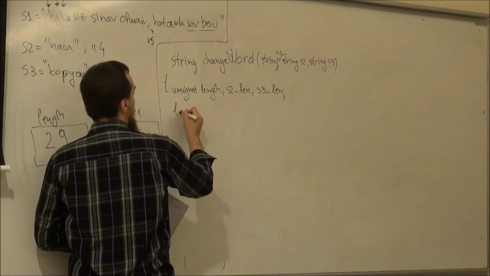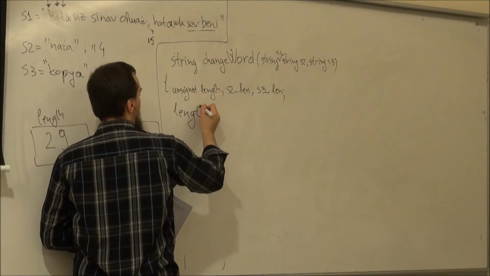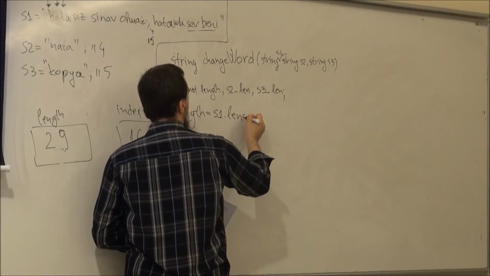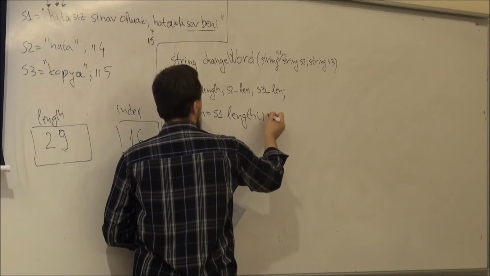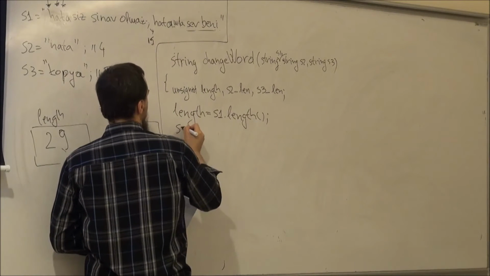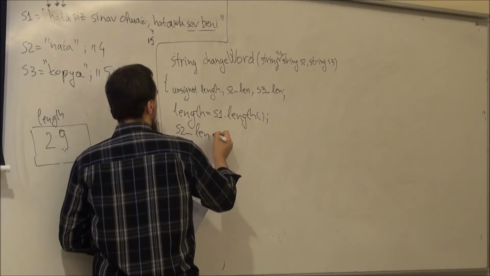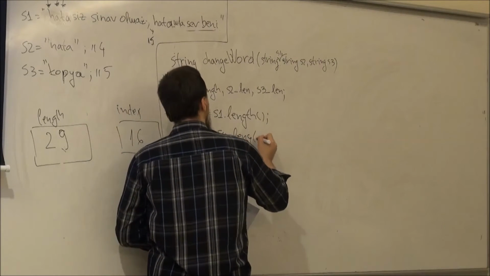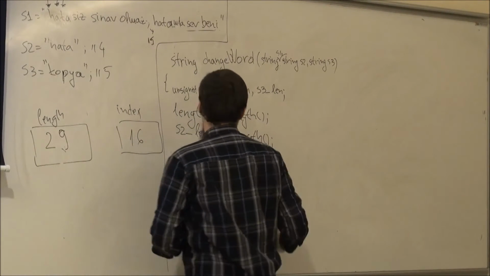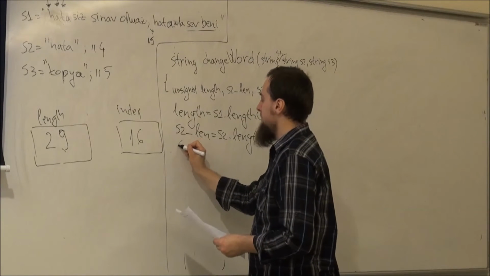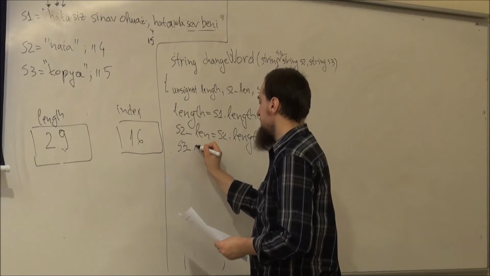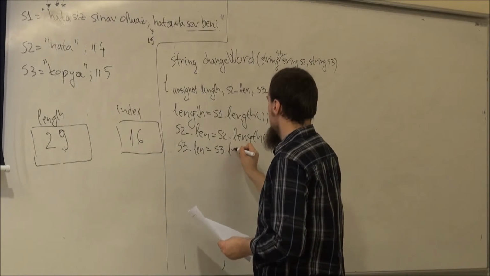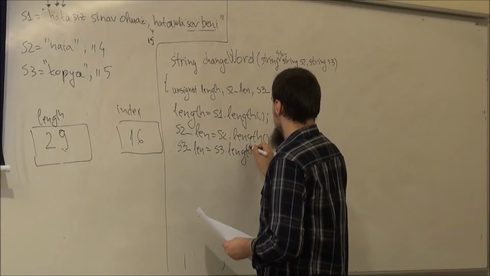Correspondingly, the length of the first string is S1.length. In the same manner, the length of the second string is S2.length. And the length of the third string is equal to S3.length.